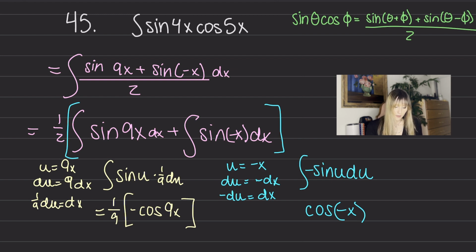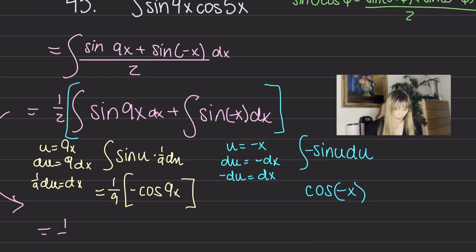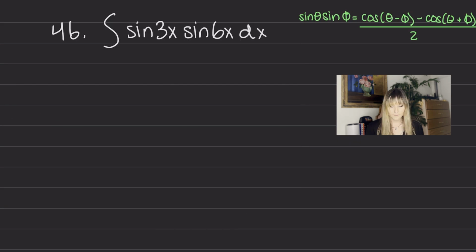So finishing up here, I'm going to get that 1/2 times 1/9 of minus cosine of 9x plus cosine of minus x plus c.